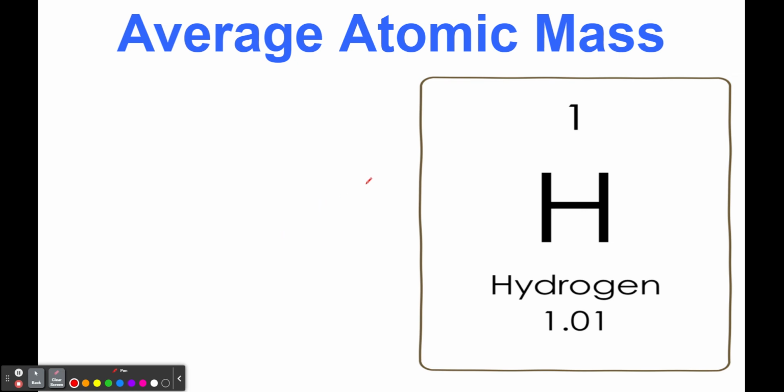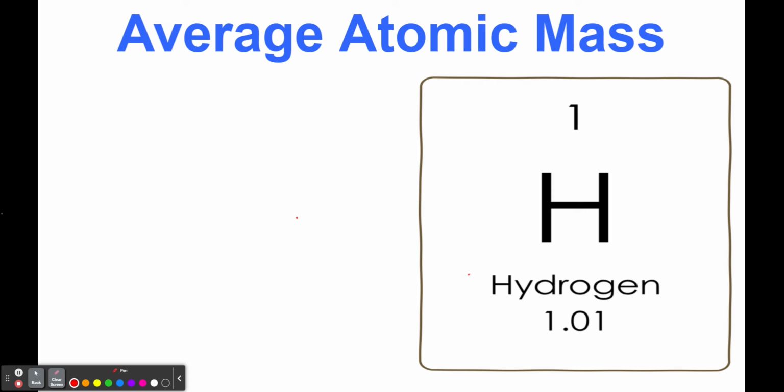What this number at the bottom is, is the average atomic mass of all the hydrogens that we've measured. If we took a big sample of hydrogen, on average their mass number would be 1.01. So very close to 1, which means that most of those hydrogens' mass number is 1.